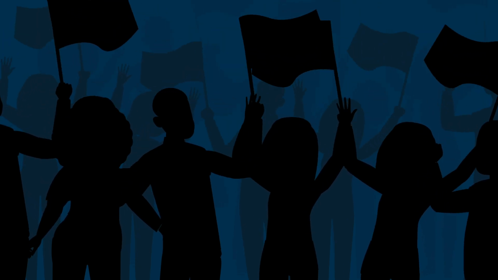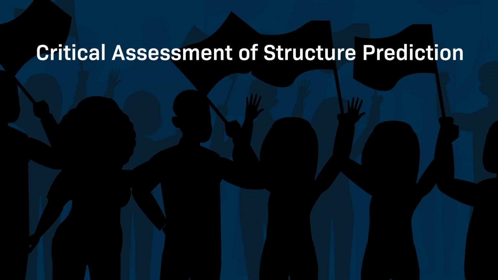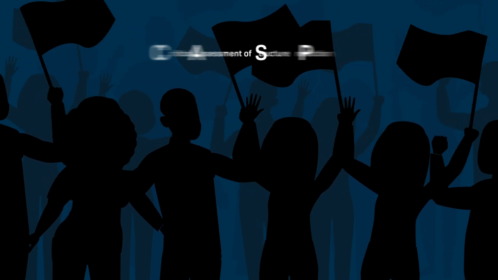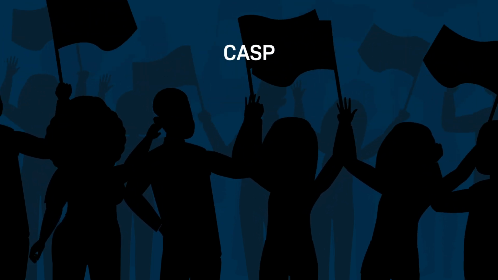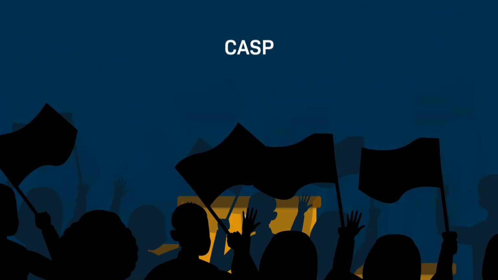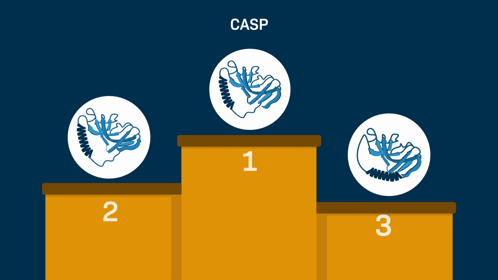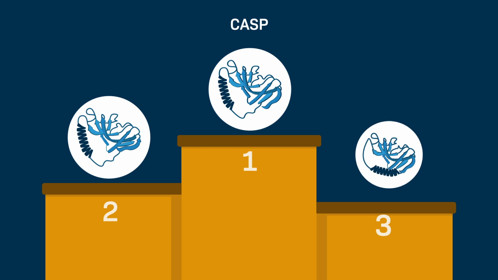AlphaFold and other protein structure prediction methods like it are evaluated in competitions like the Critical Assessment of Structure Prediction, or CASP. CASP is like the World Championship for predicting protein structures. Every 2 years, over 100 research teams from around the globe compete by comparing their predictions to real, experimentally determined protein shapes.